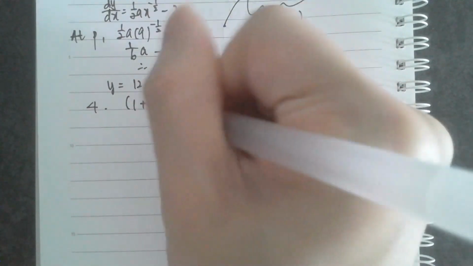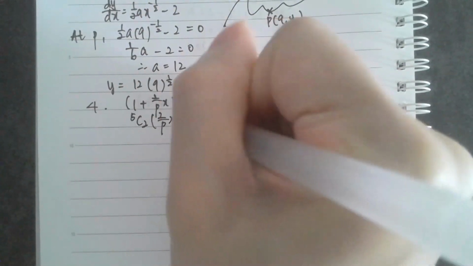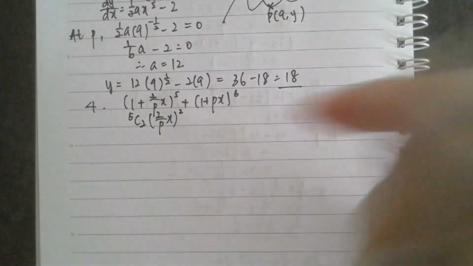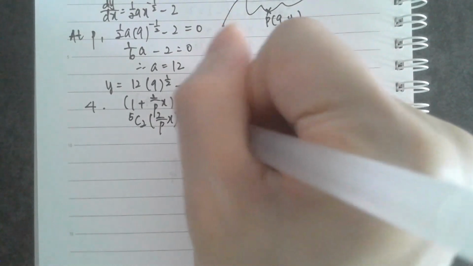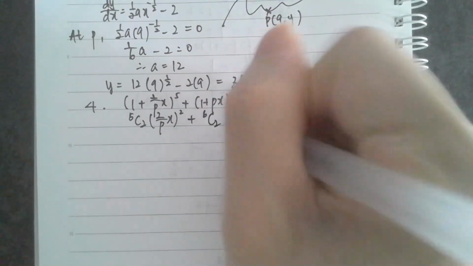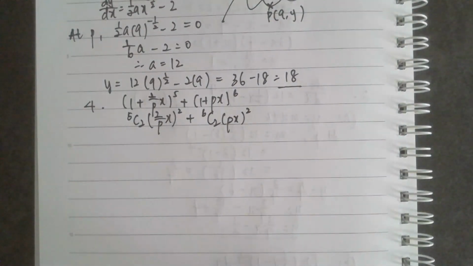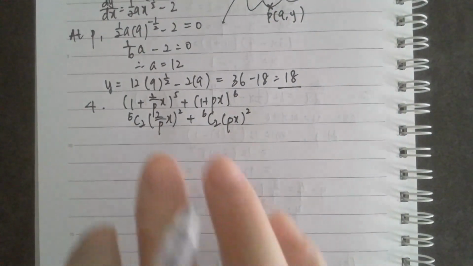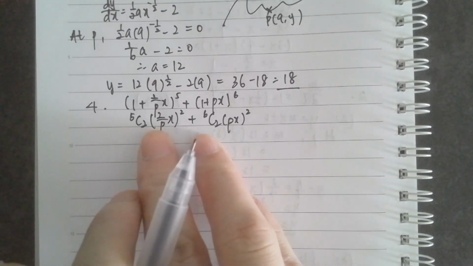The formula is you need a square here, which is power 2. So therefore we use 5C2 times (2/(px)) squared. That's the x squared term. Similarly for this one, we can use 6C2 times (px) squared. That gives you the x squared term, and the coefficients of these two terms added together is 70.